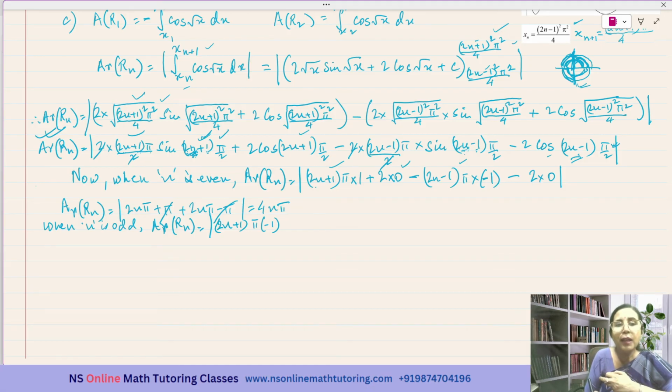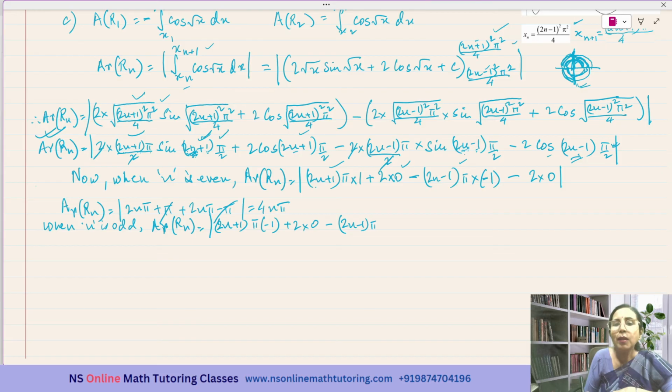Whether n is even or n is odd is not changing the value of cos of some odd multiple of π/2. It is always equal to 0. Okay. So this is plus 2 times 0. And then again, this will be sin((2n-1)π/2).